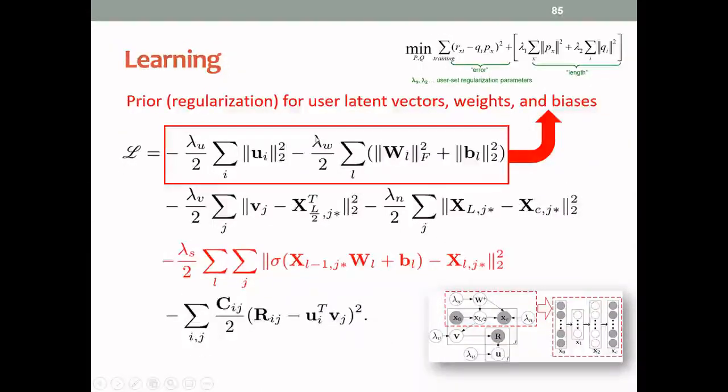Specifically, the first several terms correspond to the prior term or the regularization terms for the user vectors, the weights, and the biases. And this is actually very similar to the last two terms in the previous latent vector model.